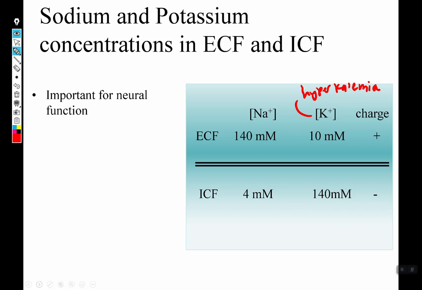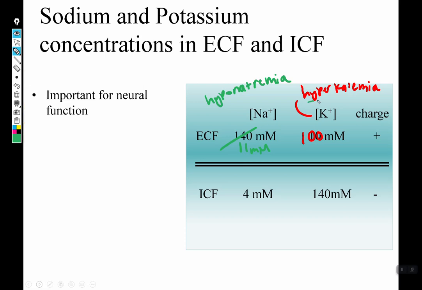And so we have hyperkalemia, which means that our extracellular fluid, which comes out of our blood, is going to be, let's say, about 100 millimolar instead of the usual 10. And we also have hyponatremia, meaning low blood sodium. And instead of having about 140 millimolar, we're down to about 11 millimolar.